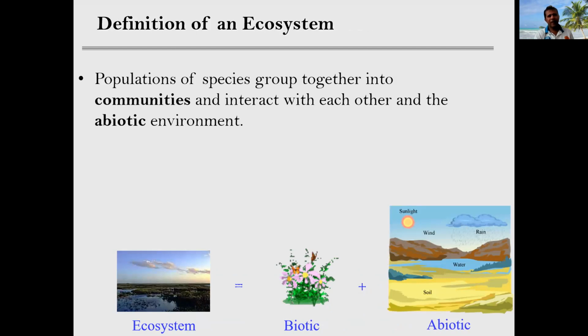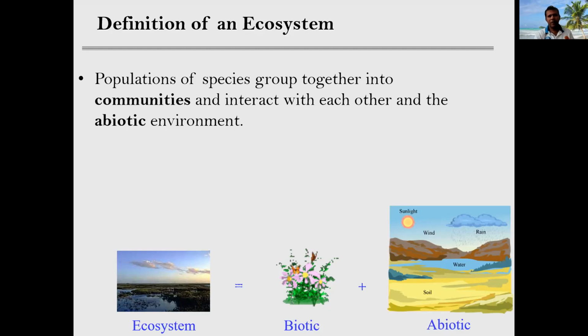So that is very important, the scale at which you are studying your ecology. On the other hand, what is really an ecosystem? As you already know, the biotic component and the abiotic component together we consider as the ecosystem. When we define an ecosystem, we can define its populations of species grouped together into communities, interacting with one another and with the abiotic environment.